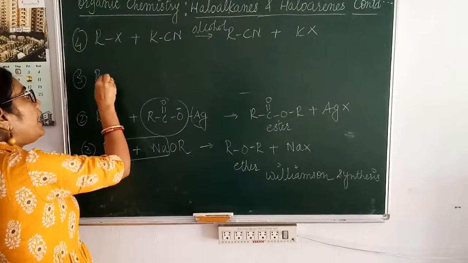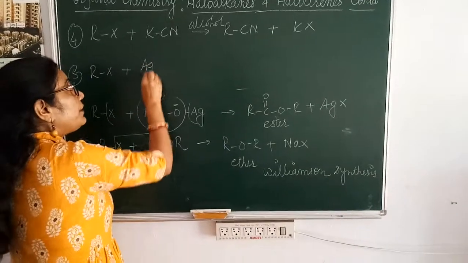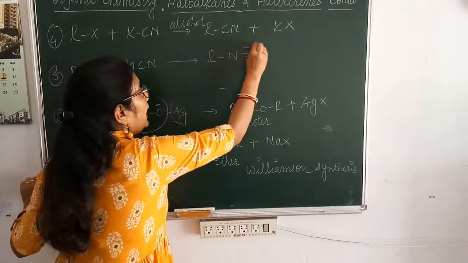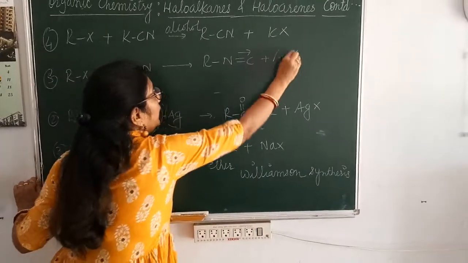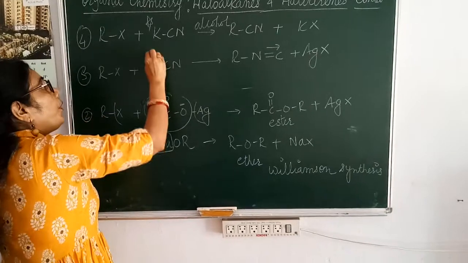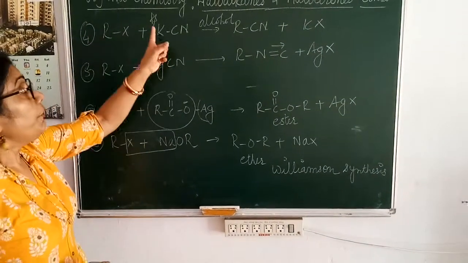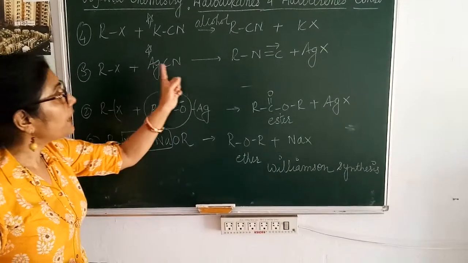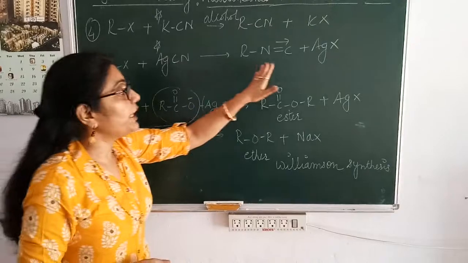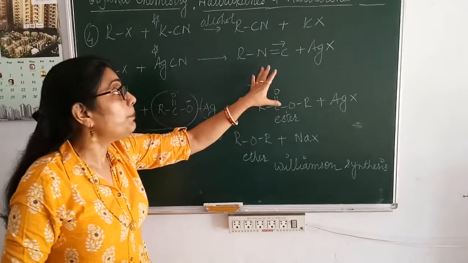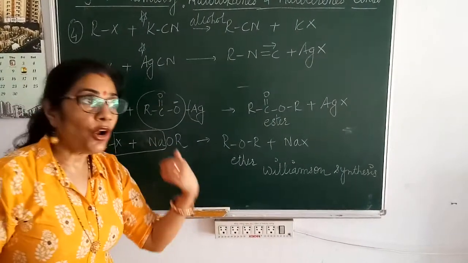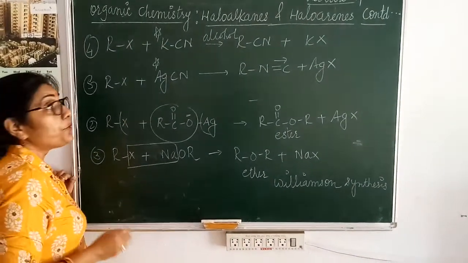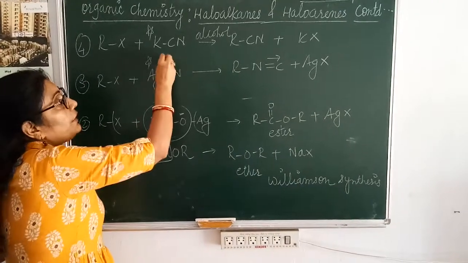Whereas when an alkyl halide reacts with silver cyanide, the product is alkyl isocyanide. Very important point it is. Look here, when potassium cyanide is there, we get the product cyanide, whereas when silver cyanide is there, the product is isocyanide. Why does it happen? This is asked in fill-in-the-blanks. Pay attention here.